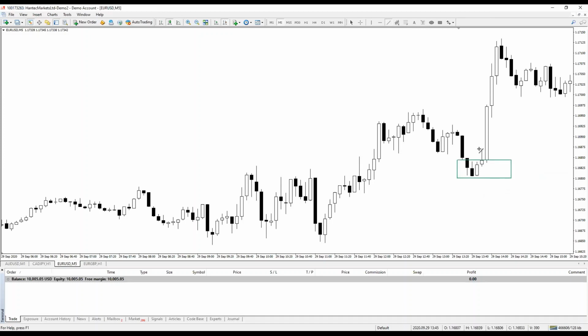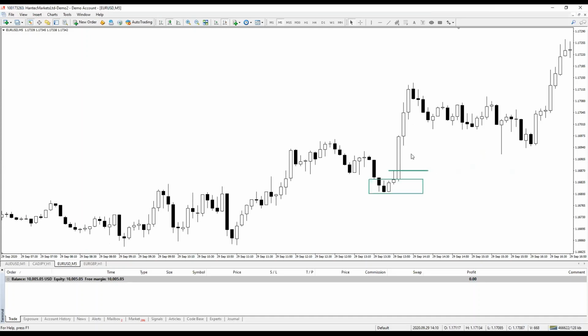Now I'm going to confuse you maybe, but just so you know, price had to be breaking this micro supply up here. So this one can also hold price as a decision point. So if you want to have your entry with greater assurance, then you can set your buy on here.